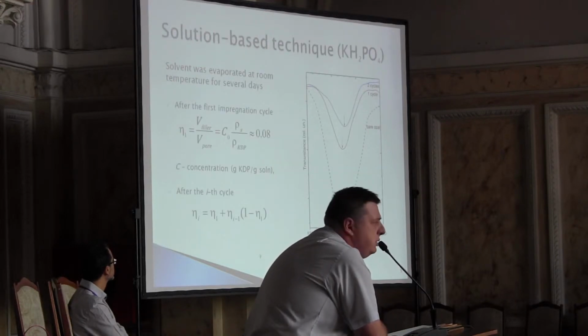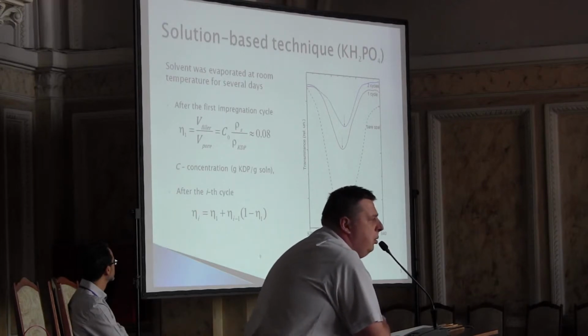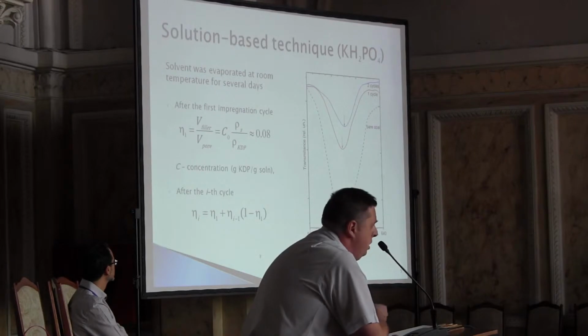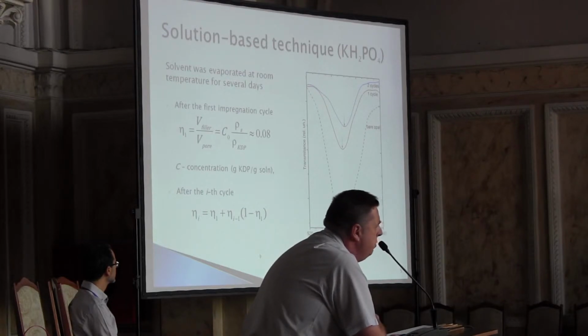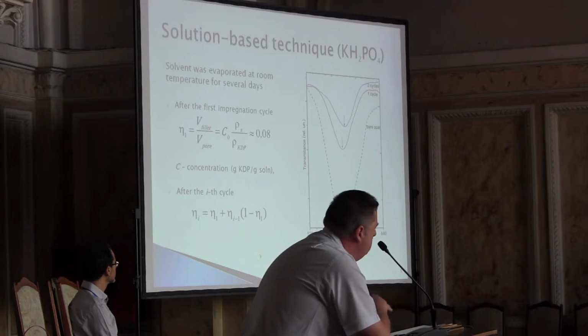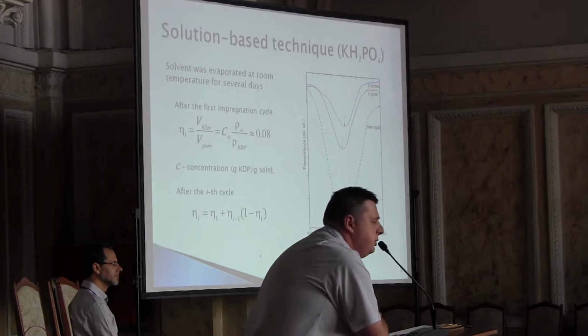First, the solution-based technique. We prepared nanostructures with KDP or lithium iodate, but now I would like to consider KDP. The first way is a typical way, so-called equilibrium crystallization, when your solution, a water solution in this case, soaks the sample, the opal, and then the solution is evaporated at room temperature for several days.